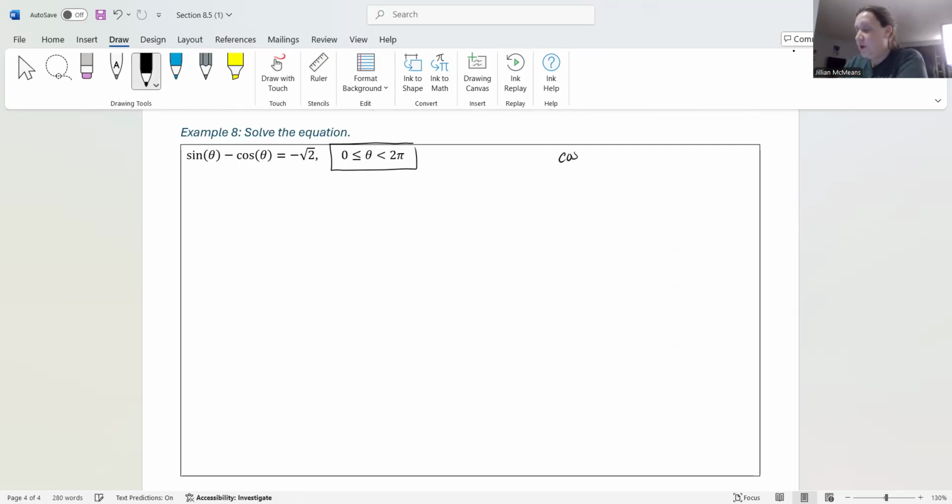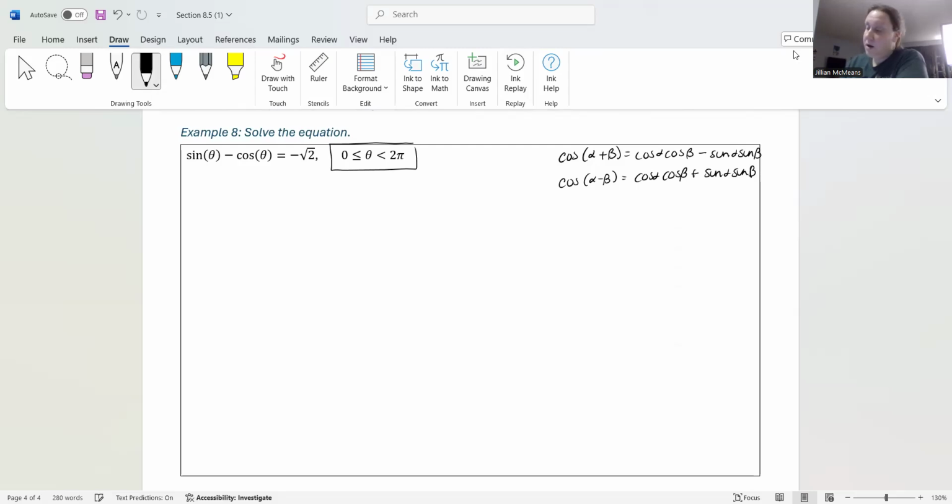So we know that if we have cosine of alpha plus beta, it equals cosine alpha times cosine beta minus sine alpha sine beta. If I have cosine of alpha minus beta, it's cosine alpha cosine beta plus sine alpha sine beta.